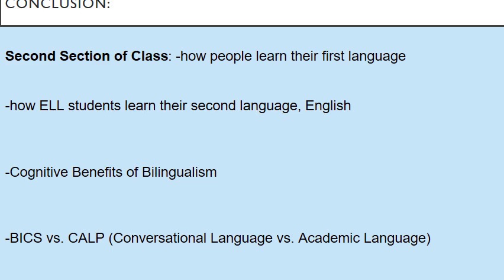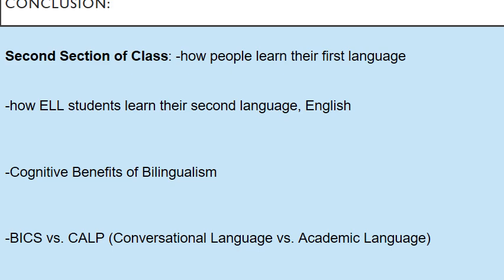So we learned about BICS versus CALP. So BICS is conversational language and CALP is academic language. And remember that BICS, the conversational informal language, the everyday communication, takes an English language learner about 1 to 2 years, while the academic language, CALP, can take from 5 to 10 years.